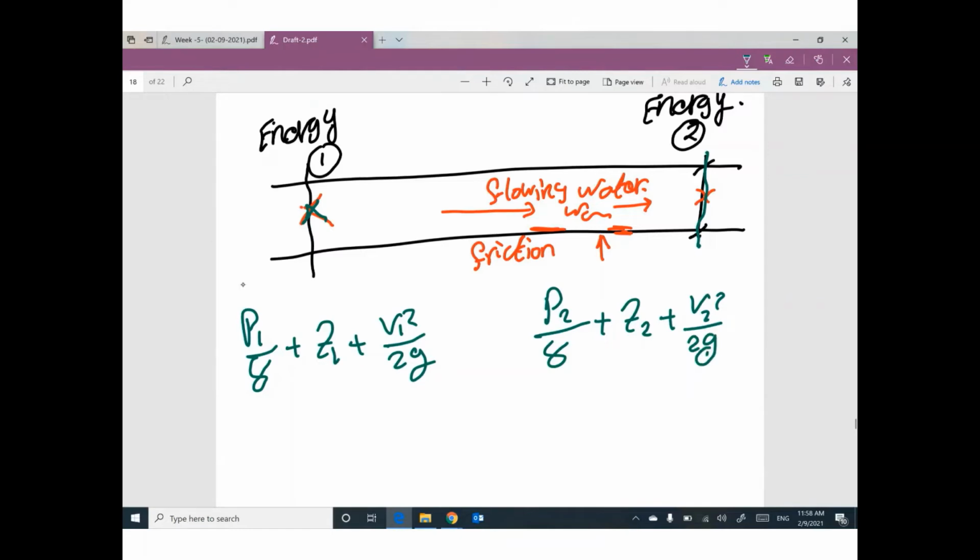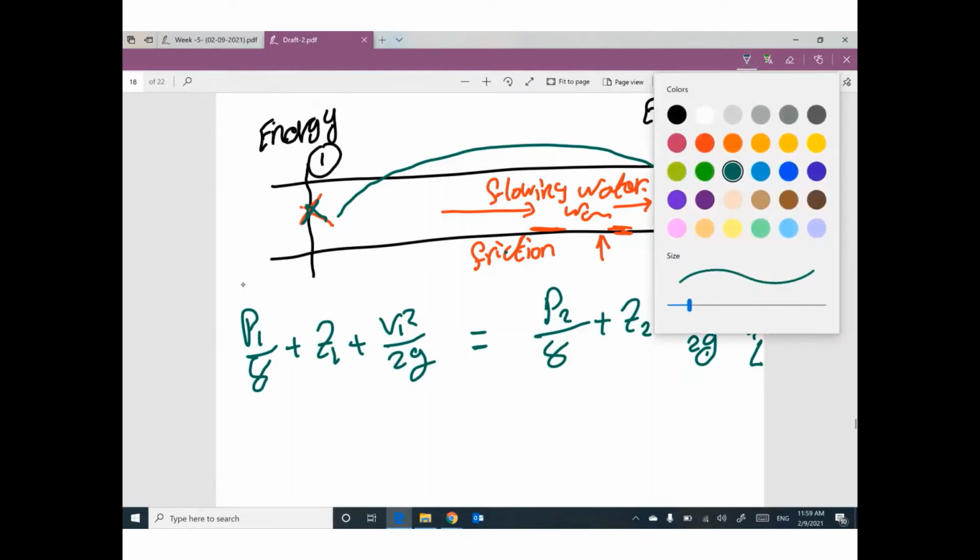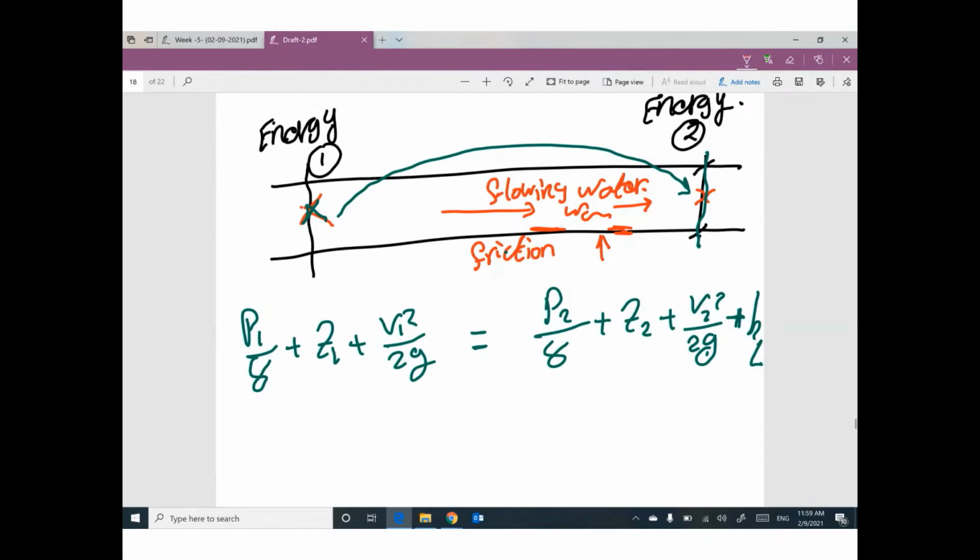Because we have losses between section number 1 and section number 2 coming from the friction, we need to add here H losses. That means the two sides will be equal. This is the actual situation. If you consider losses, this H losses can be HF, friction losses, or HM, minor losses.